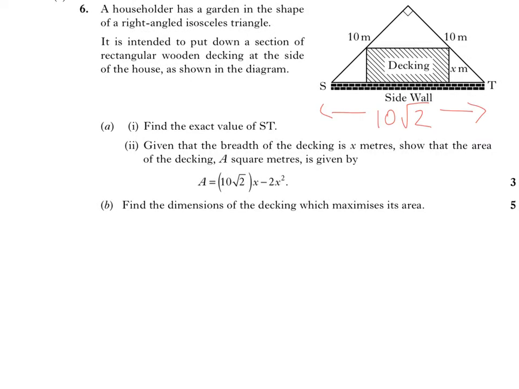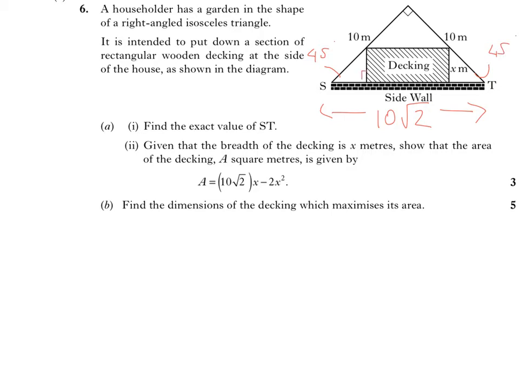Part B, given that the breadth of the decking, as we can see here, is x metres, show that the area of the decking, which is the rectangle here, is given by 10 root 2 x minus 2x squared. Right, well I can see that this is a right-angled isosceles triangle. Now, what that obviously means is that this angle in here is 45 degrees, as is this angle here, also 45 degrees.